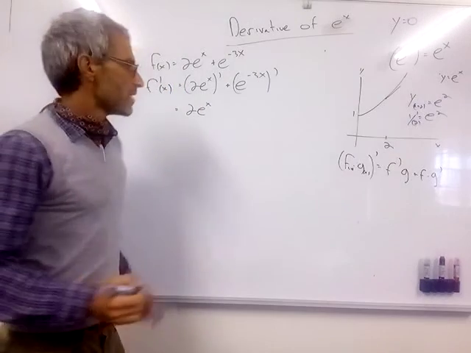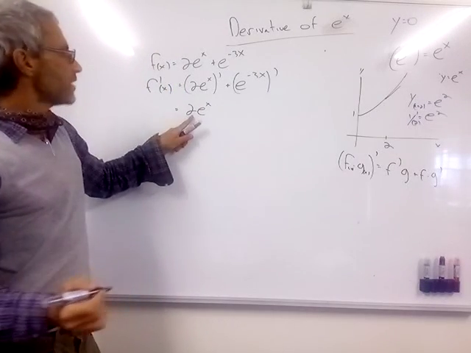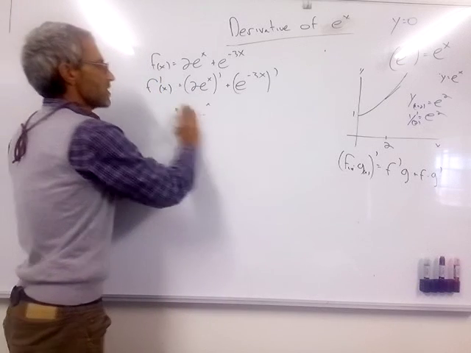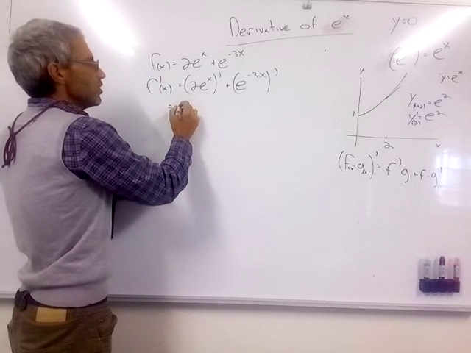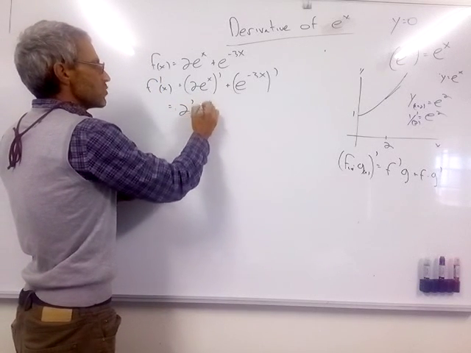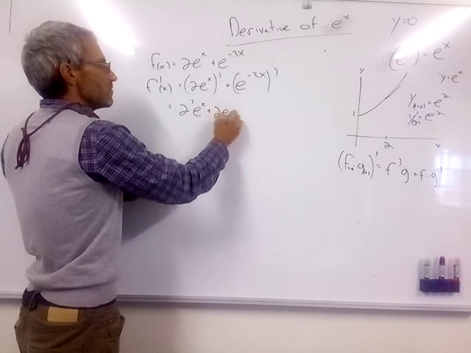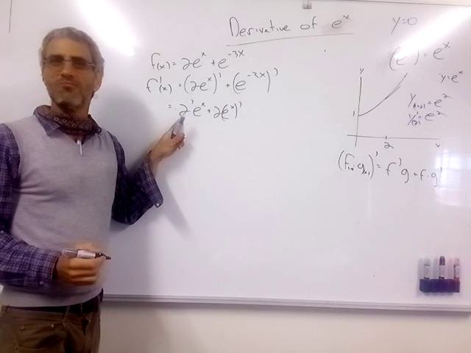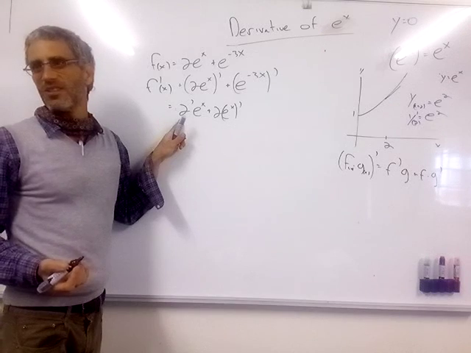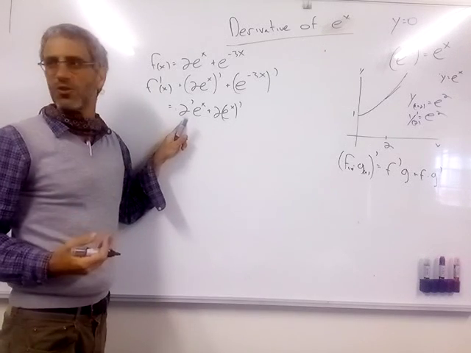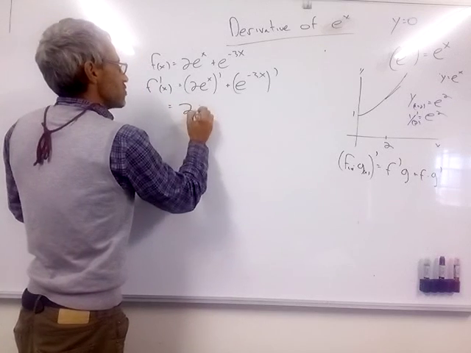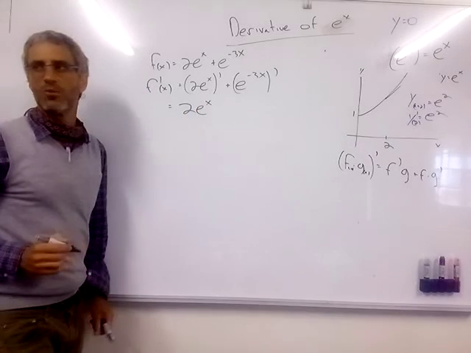So I should be writing the derivative of 2 times e to the power of x plus 2 times the derivative of e to the power of x. But what is the derivative of 2? It's naught. If y equals 2, the derivative is naught. So that dies suddenly. So the answer is 2 times e to the power of x.